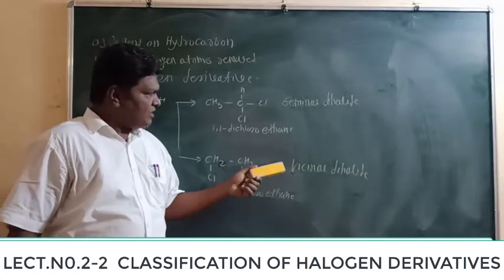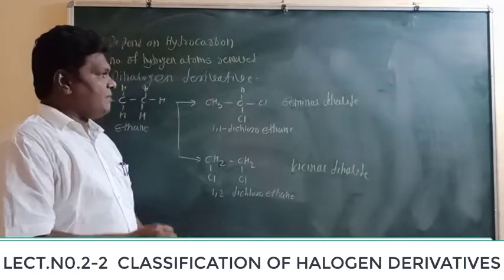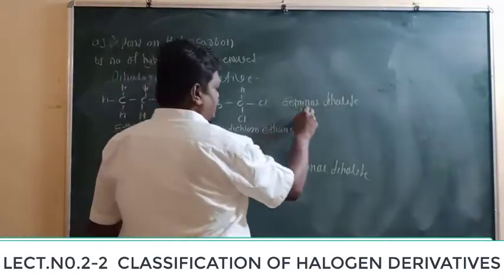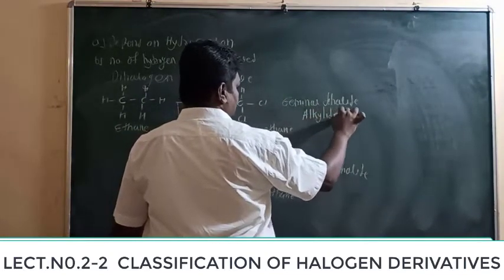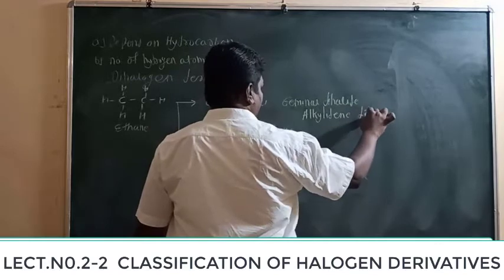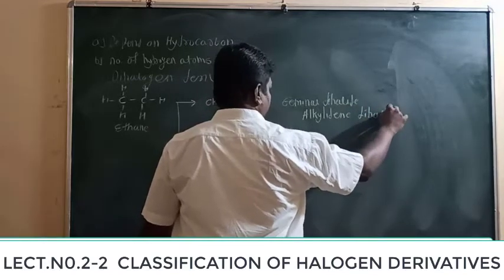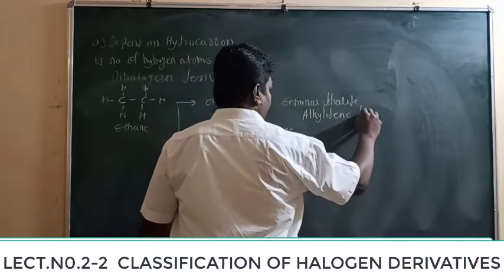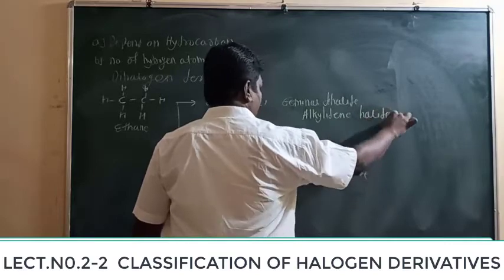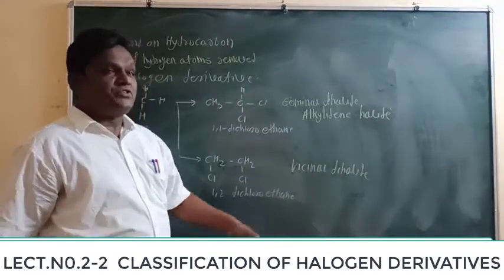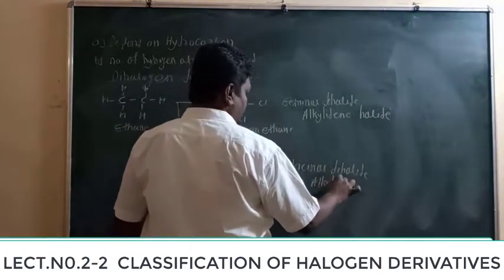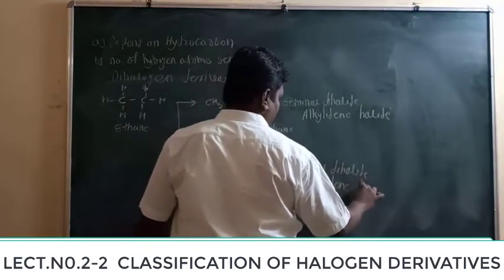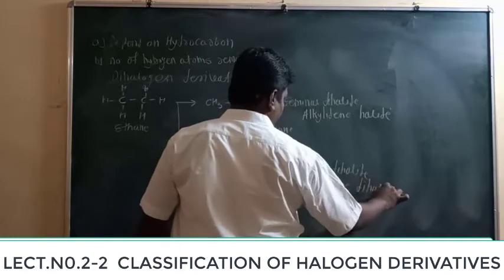Now, what is the common name of this? Generally, the common name of a geminal dihalide is written with alkylidene: alkylidene dihalide. While the general name for a vicinal dihalide is alkylene dihalide.